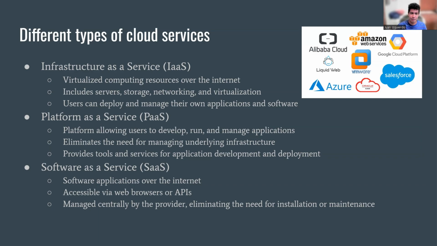It is a very flexible type of cloud service for developers to make their own software and applications over the cloud, but it is also more difficult to manage, and it's a lot more responsibility to make sure that everything goes well within your project.